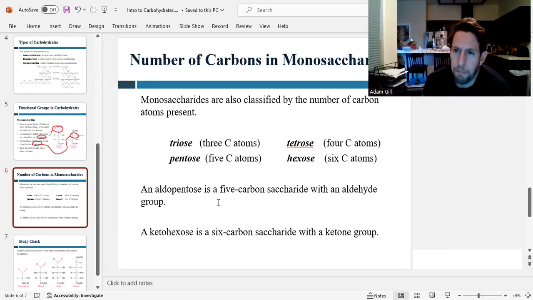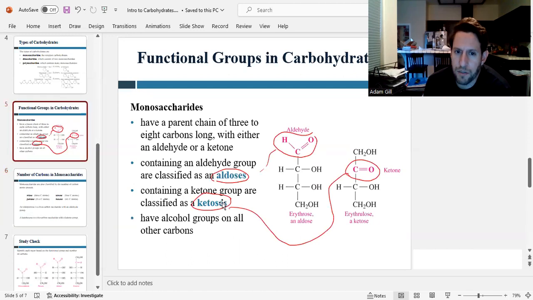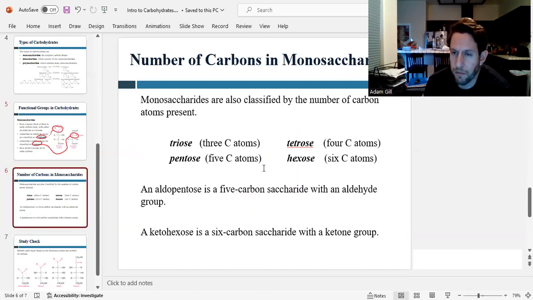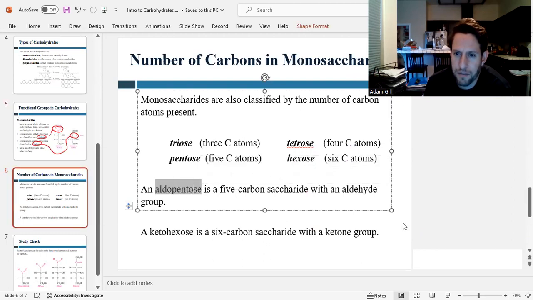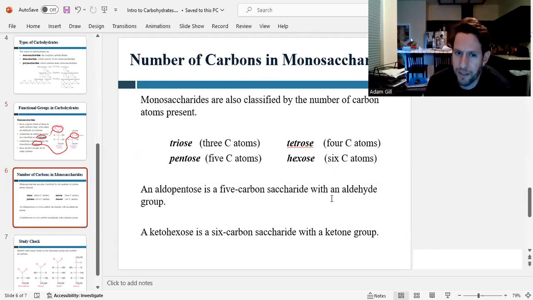And so you can combine the prefix aldo or keto with the number of carbons. So you can have an aldopentose, which would be a 5-carbon sugar with an aldehyde group. Or let's say you have a ketohexose, which would be a 6-carbon sugar with a ketone group.